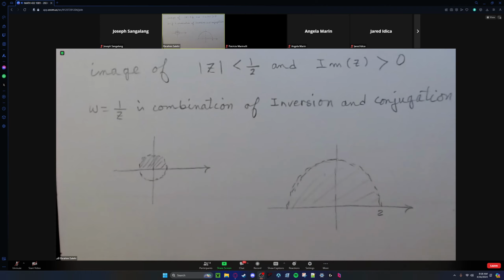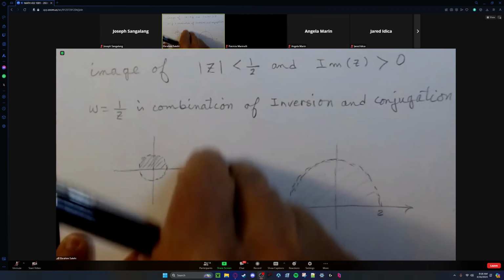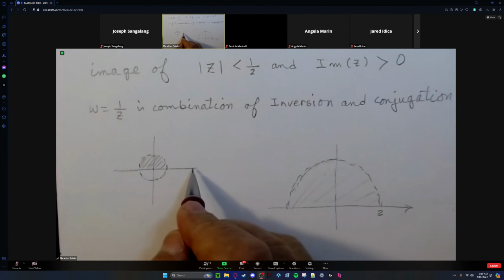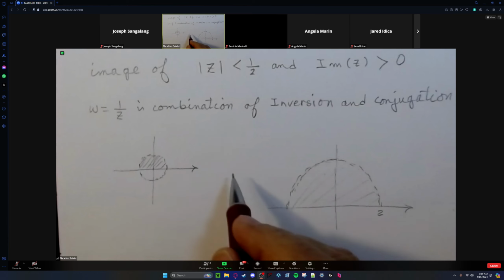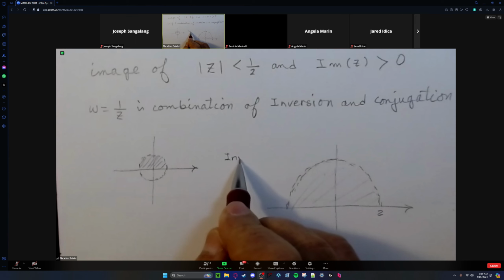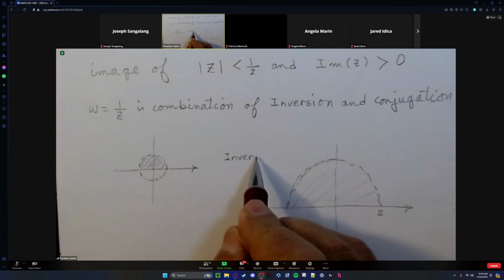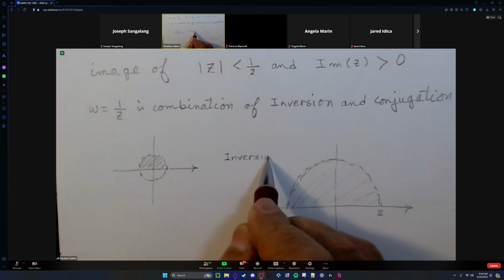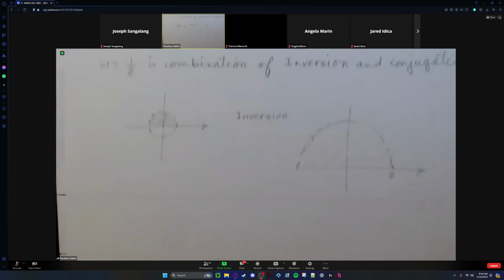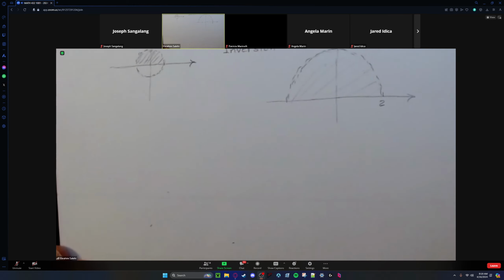So the whole thing here, the inversion brings it here. Maybe I should add inversion. And conjugation. Next, conjugation.